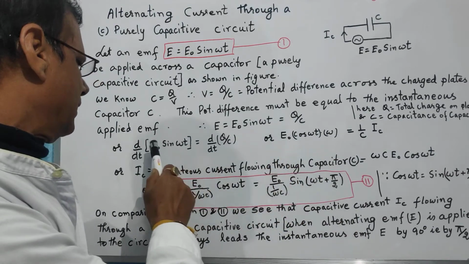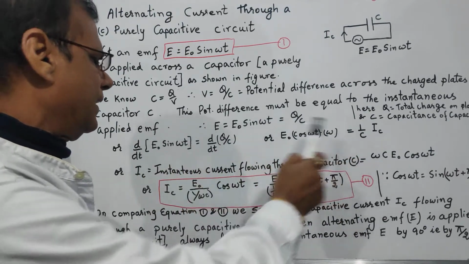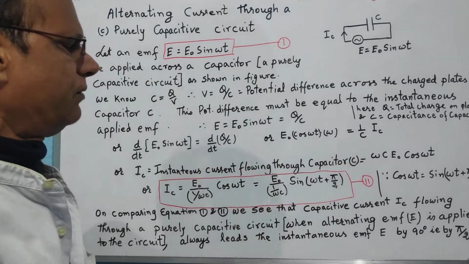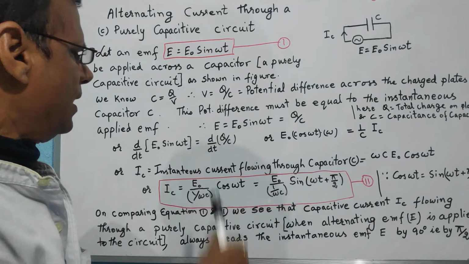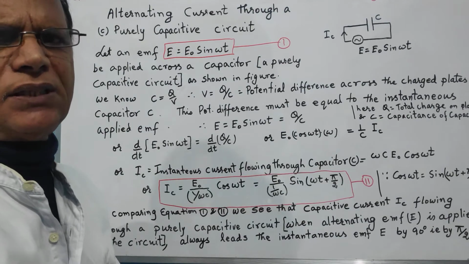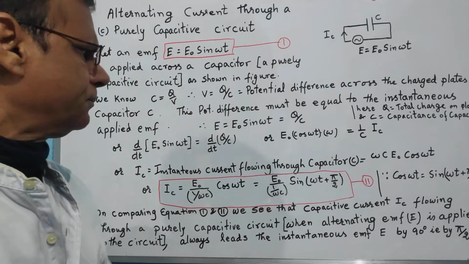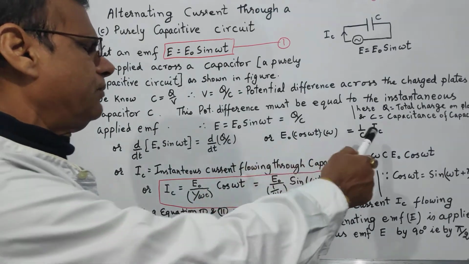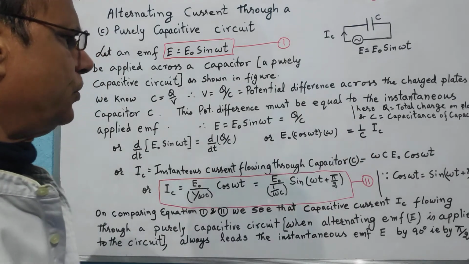This is the result for the left hand side. For the right hand side, C is constant, it will come out, and dq by dt is nothing but current, the rate of flow of charge. So dq by dt we write as IC, the current flowing through the capacitor.